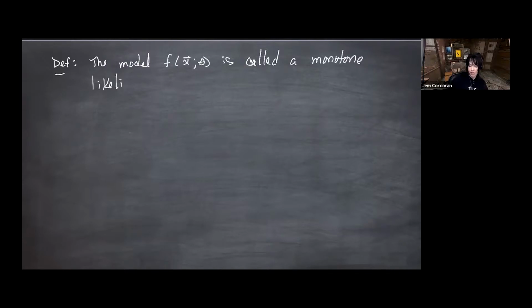The model or distribution represented by a joint PDF, f of x and theta, is called a monotone likelihood ratio in a statistic T if.